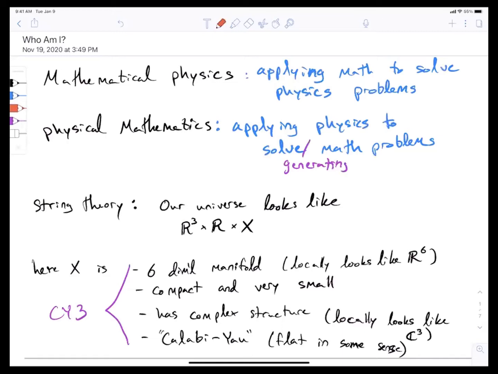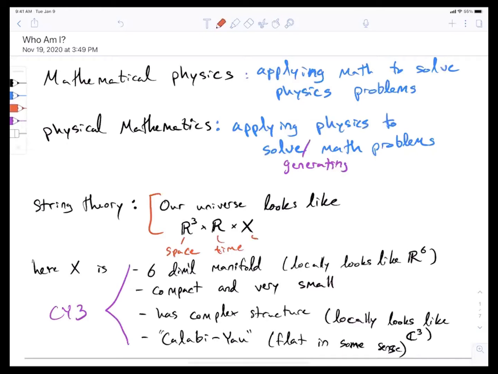But my understanding of the basic setup of string theory, at least one version of it, is that our universe is not three-dimensional, it's actually 10-dimensional. And the dimensions are the familiar space dimensions, so there's the three-dimensional space that we live in, together with one dimension recording the time.